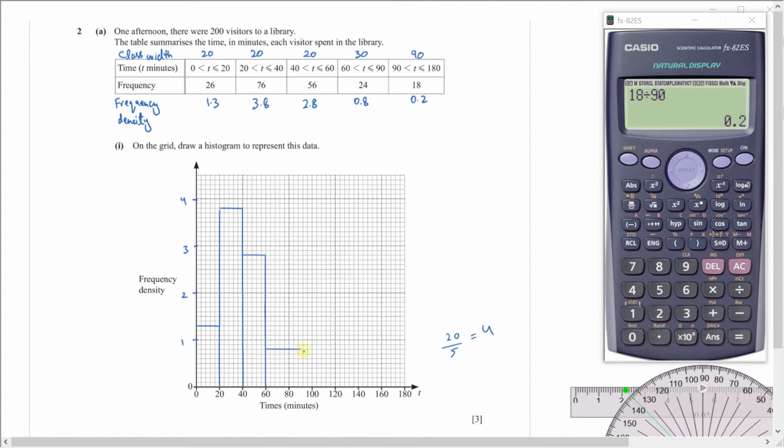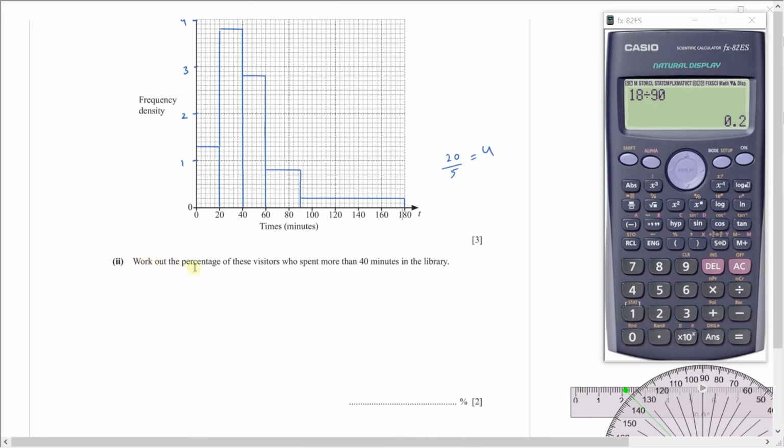So I'm trying to draw it in the middle of this small block. Okay, this is better. And then the last one is 90 to 180 and 0.2. So 0.2 is this, till 180. So this will be your histogram.